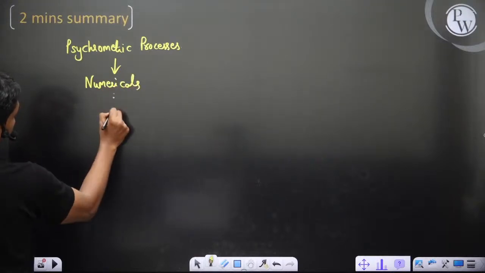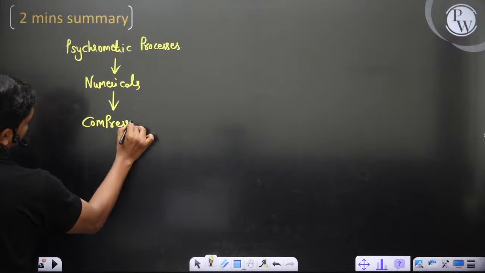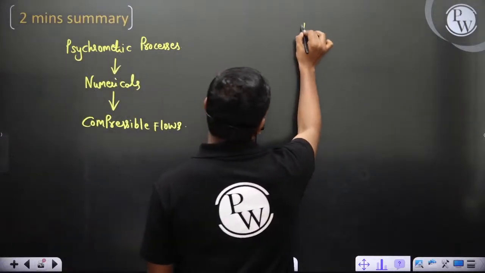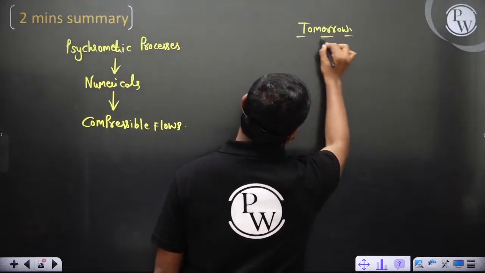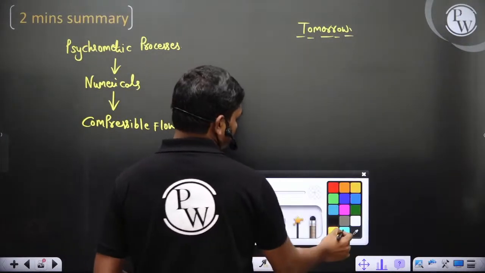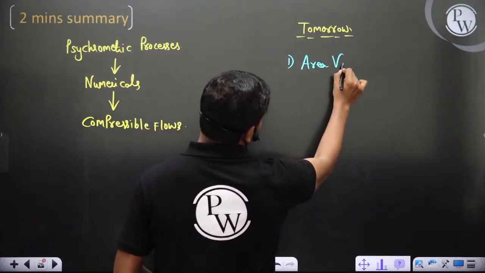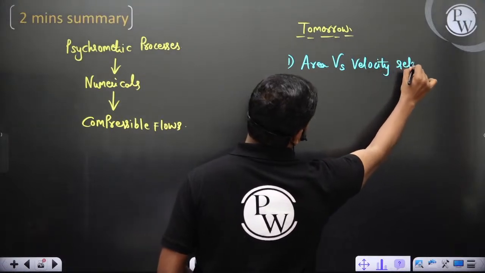Then we started seeing compressible flow basics. So tomorrow we will talk about area versus velocity relations. This is very interesting actually.